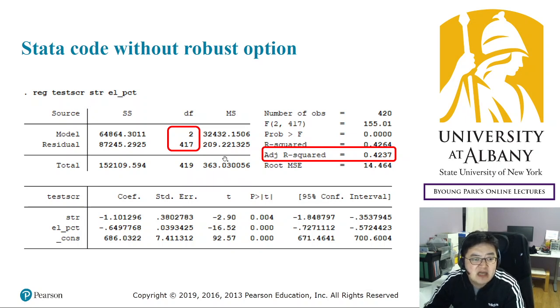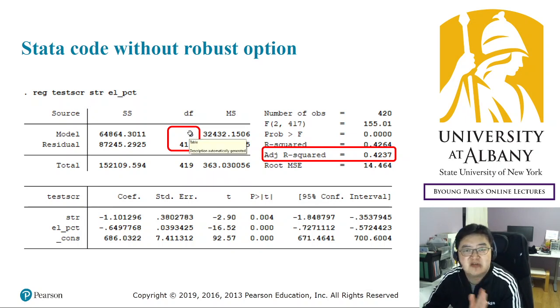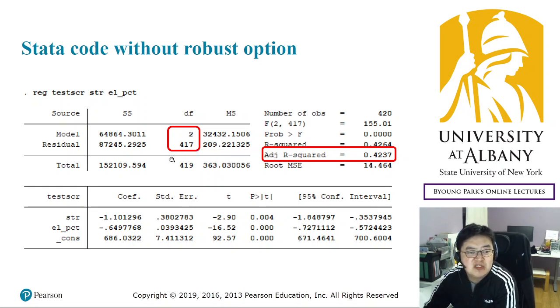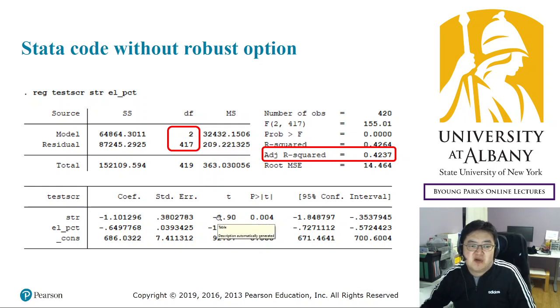The model has two variables, so the degrees of freedom is 2. And the degrees of freedom in the residual is the total degrees of freedom minus the model degrees of freedom. So you have to subtract 2, which is the number of regressors.